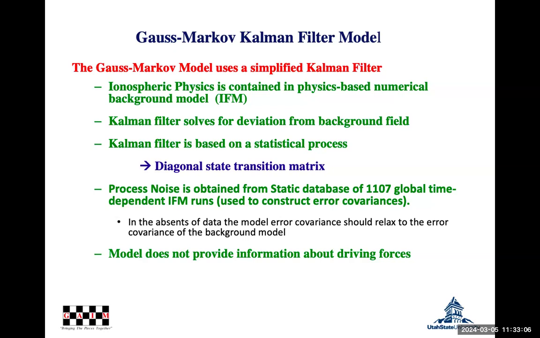So, for example, you're using an ionospheric model. We're using, for example, the ionospheric forecasting model, the IFM, and we subtract the contribution from this model out of the observation. We're just dealing with perturbations on this background field. And then the Kalman filter solves for deviations from this background field, or solves for these perturbations on the background field.